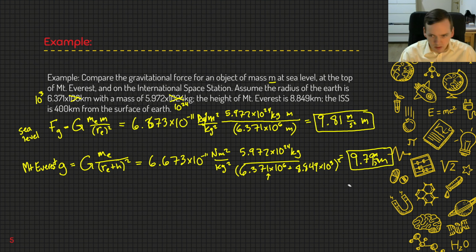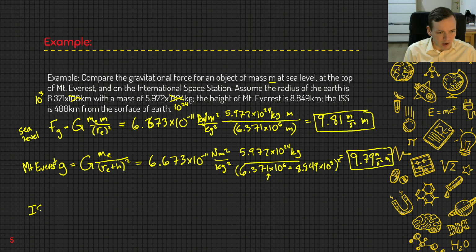I'll write that cleaner. So in other words, if you're on the top of Mount Everest, instead of the gravitational acceleration being 9.81, we're looking at closer to 9.79 meters per second squared. So even though it changes, we're talking about going from the surface of the Earth to the highest point you can possibly go to on Earth, and you're seeing this tiny, tiny change.